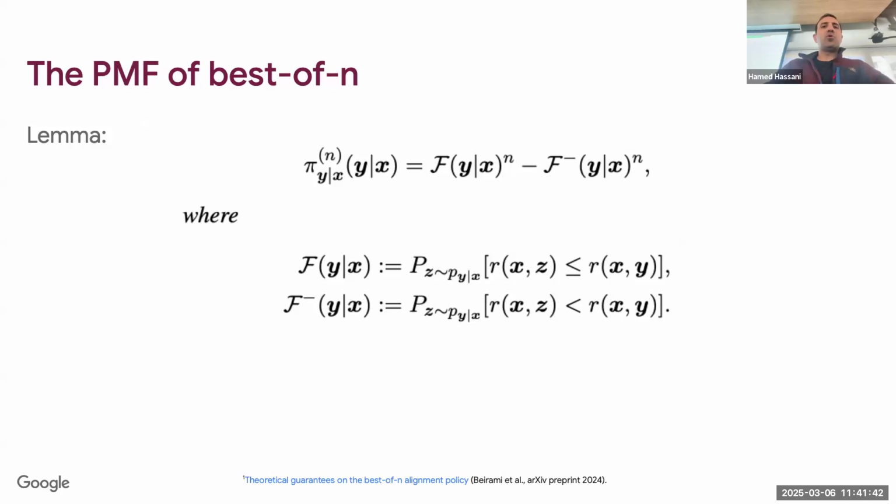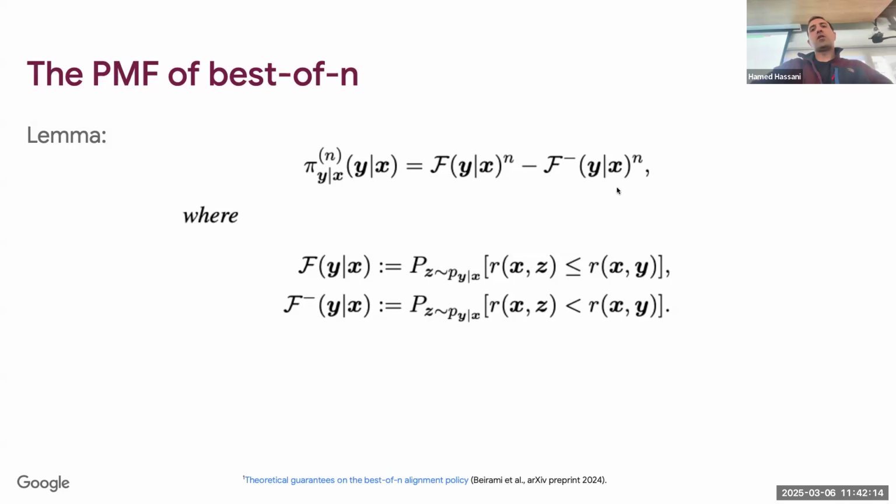The best-of-n distribution is going to be given by this quantity F^n, where F is the CDF of the distribution. Basically, it just captures all responses whose rewards are smaller than a particular response. And the difference between F and F minus is just capturing whether or not you consider the equality.